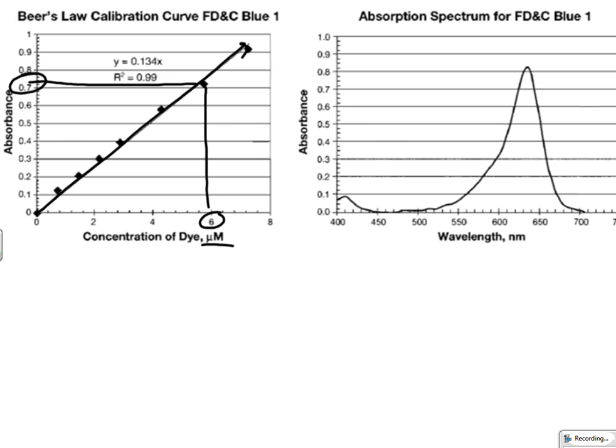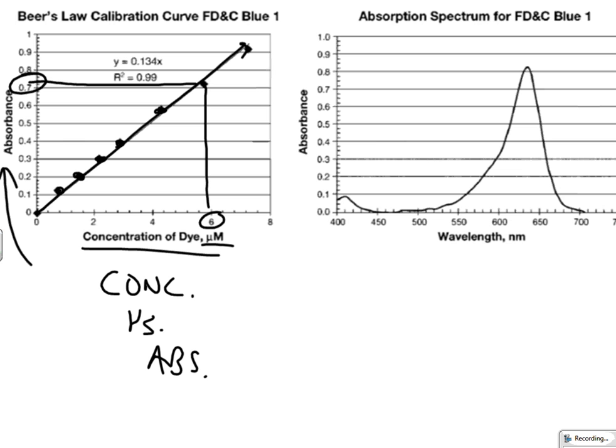You got all the dots that represent the data points, which is concentration versus absorbance. The spectrophotometer measures transmittance, which can be turned into absorbance. Absorbance is listed on the Y, concentration on the X. You get a standard curve, which is actually a line.